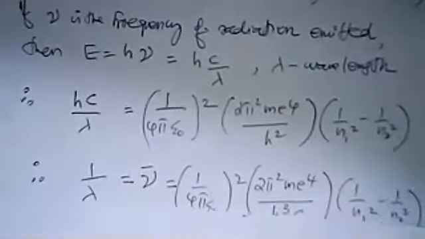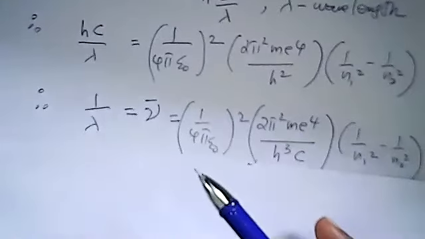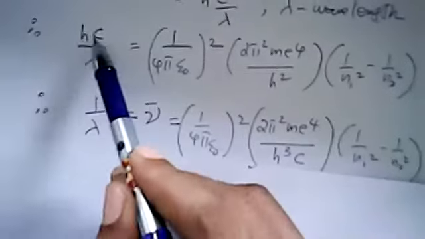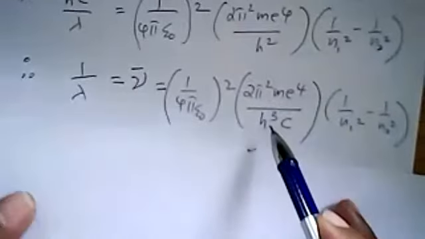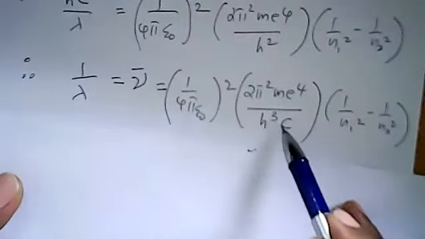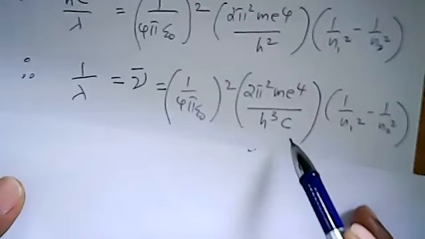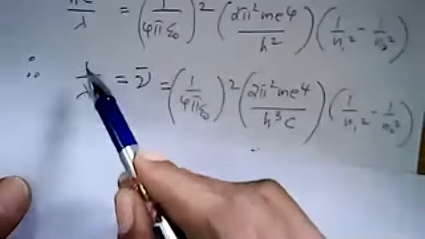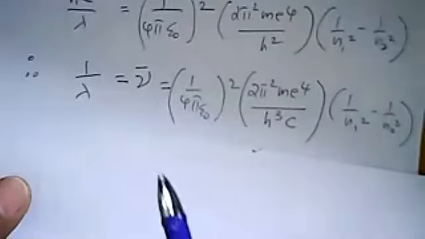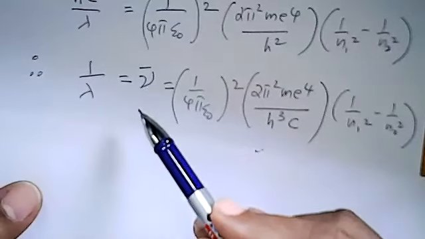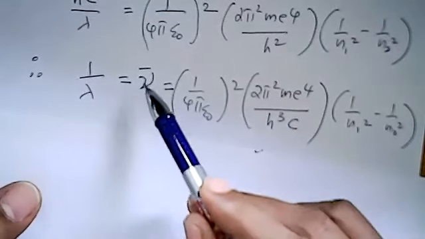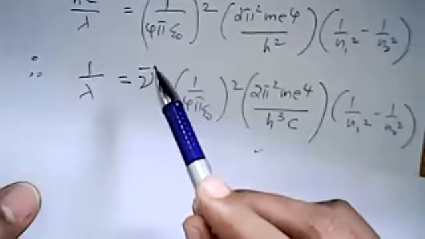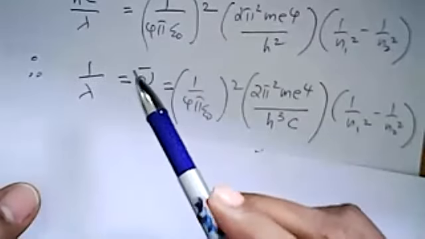Now take hc to the RHS. So this becomes h cube c, and 1 by lambda equals this expression. 1 by lambda is known by another name, nu bar, which is the wave number. I don't know whether you studied that.